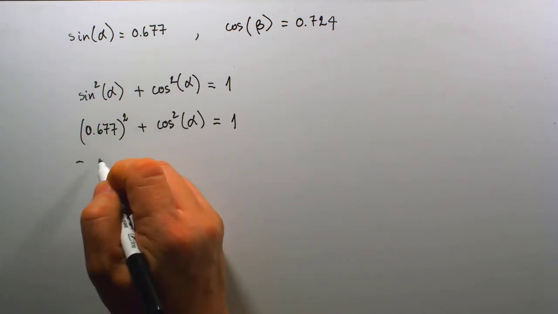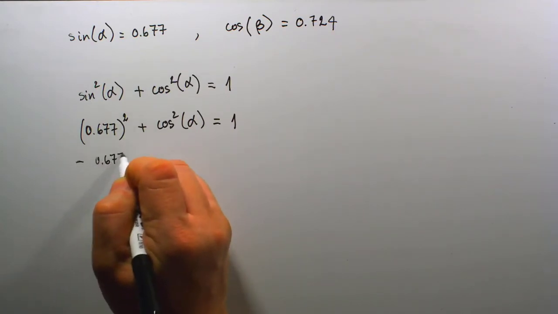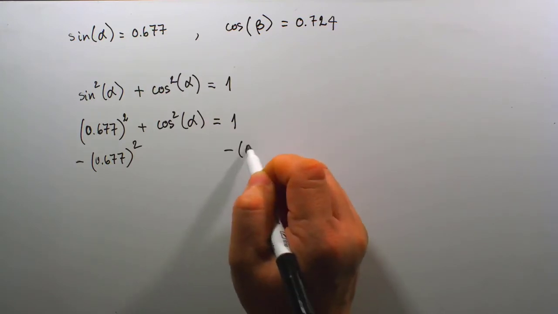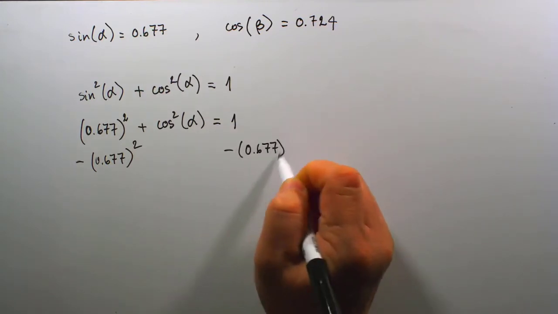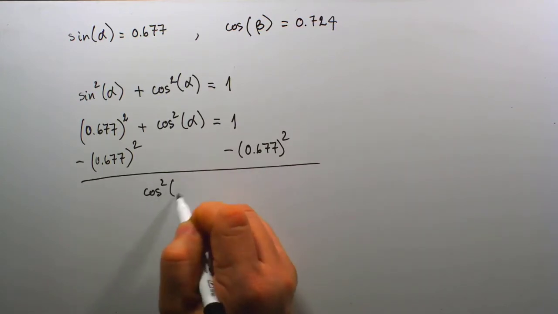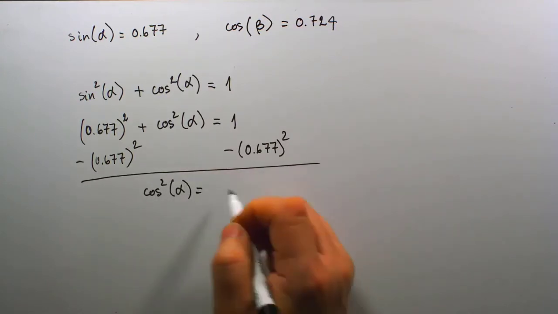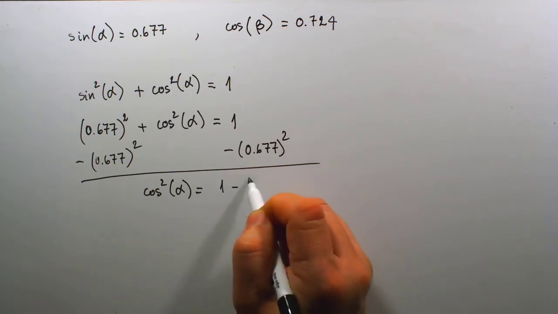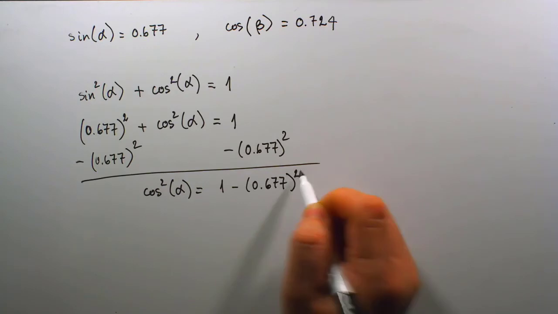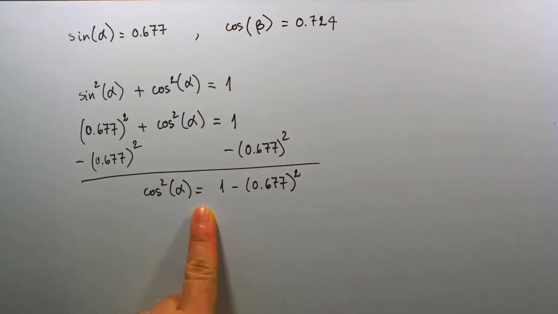So subtracting 0.677 squared on both sides, we will end up with cosine squared of alpha equal to 1 minus 0.677 squared.